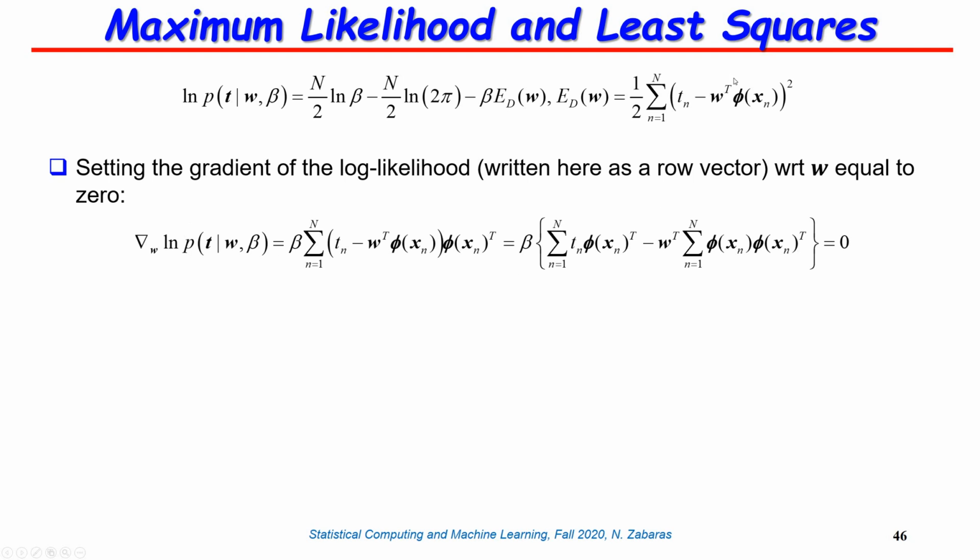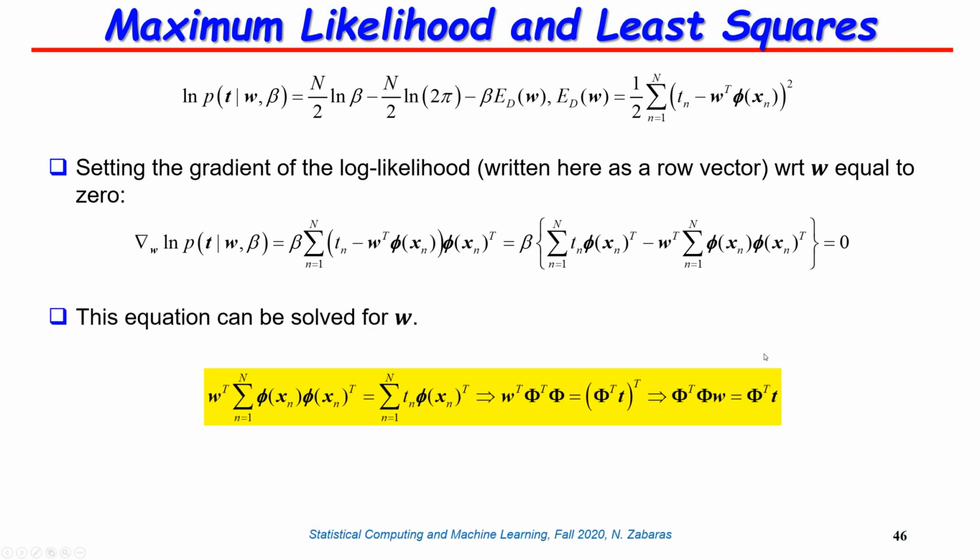So when you take derivatives with respect to W, you're going to get a phi transpose here. You're going to have Tn times phi transpose and then minus W transpose, and then you have phi transpose. And phi phi transpose is the outer product between vectors, so this is a matrix, and this is a vector.